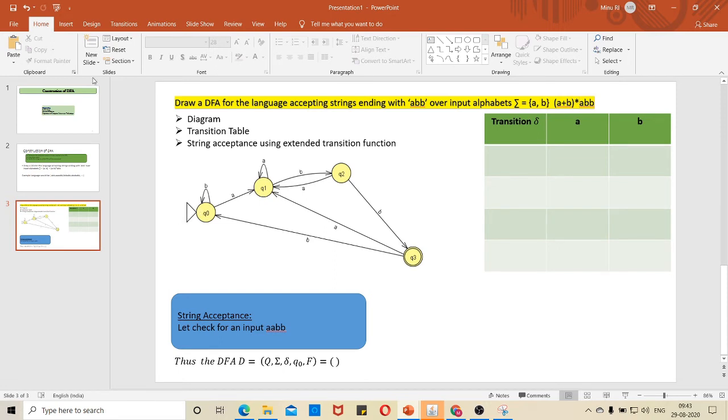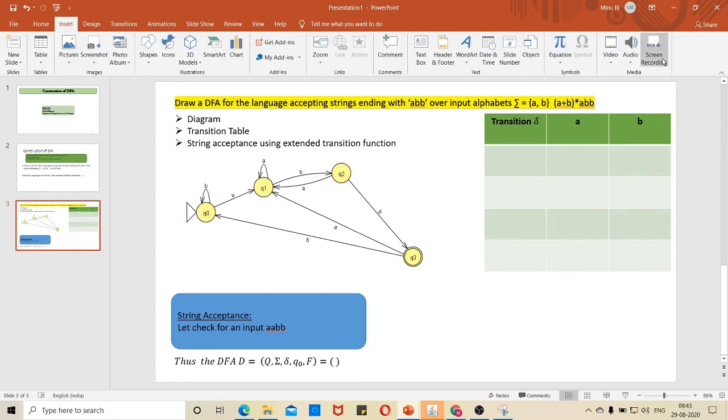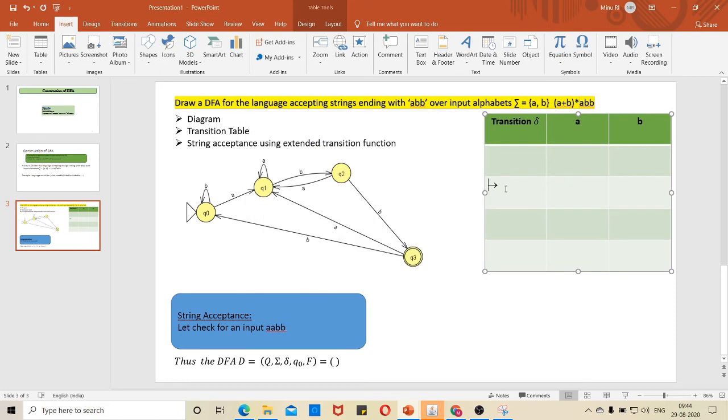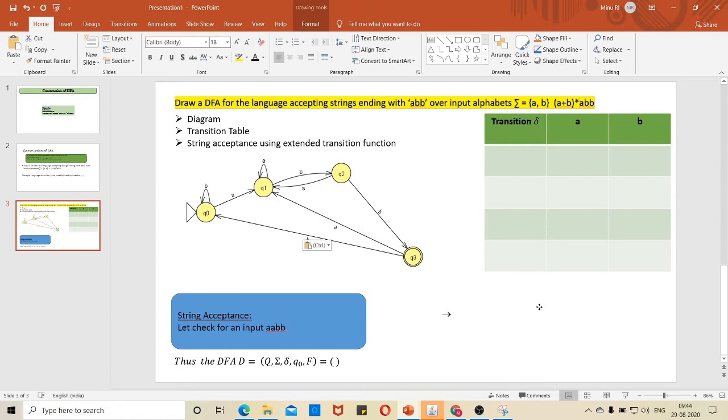Here in JFLAP they have used a triangle. Actually, we will be using this kind of arrow mark over here, okay.